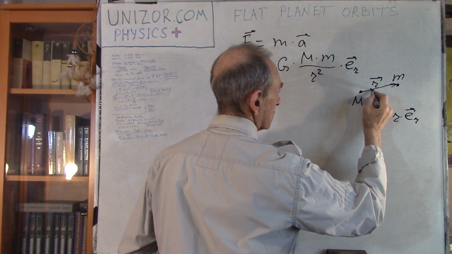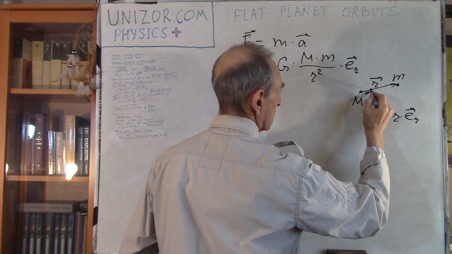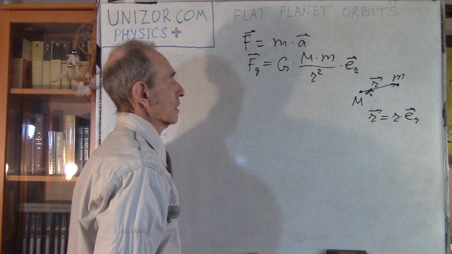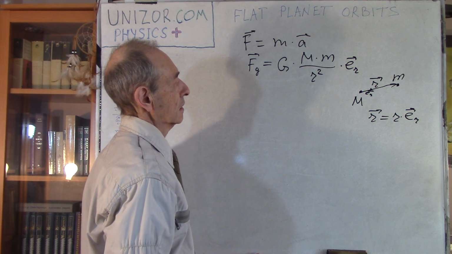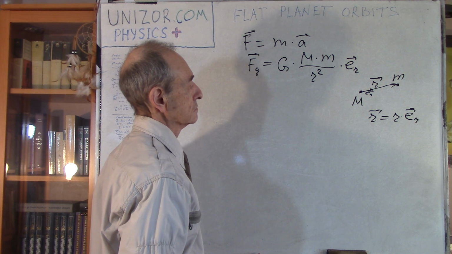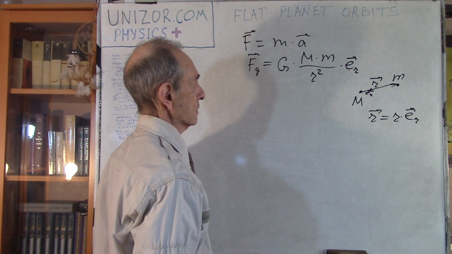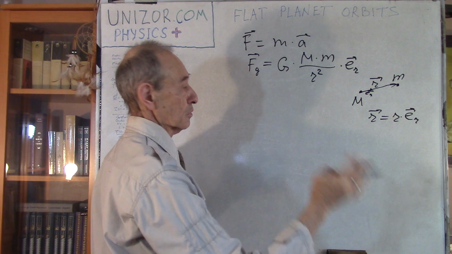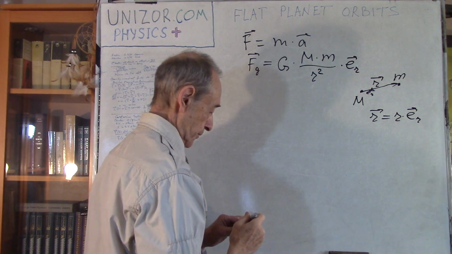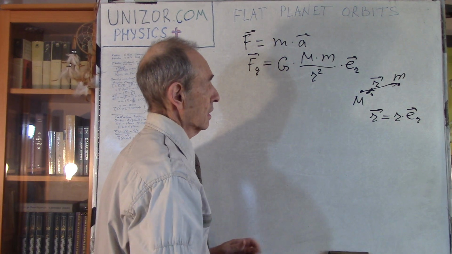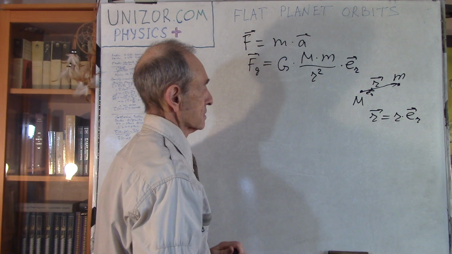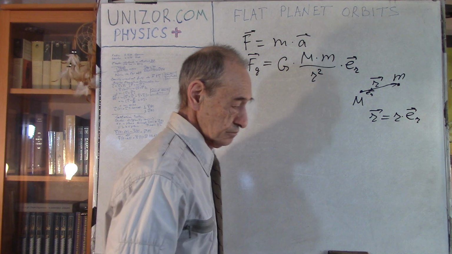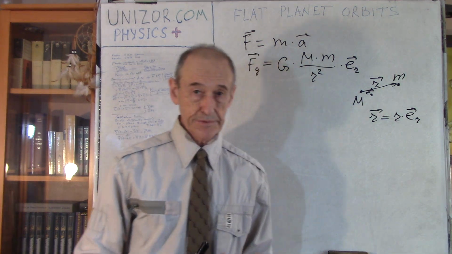Now this is a unit vector, which has unit length, e_r. So that's basically how it's presented. So these are two Newton's laws, which we will base our analytical exercise on.